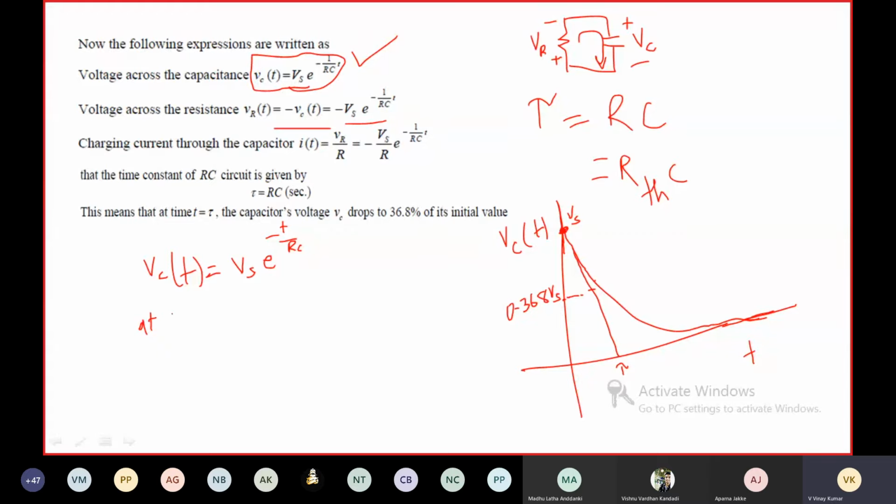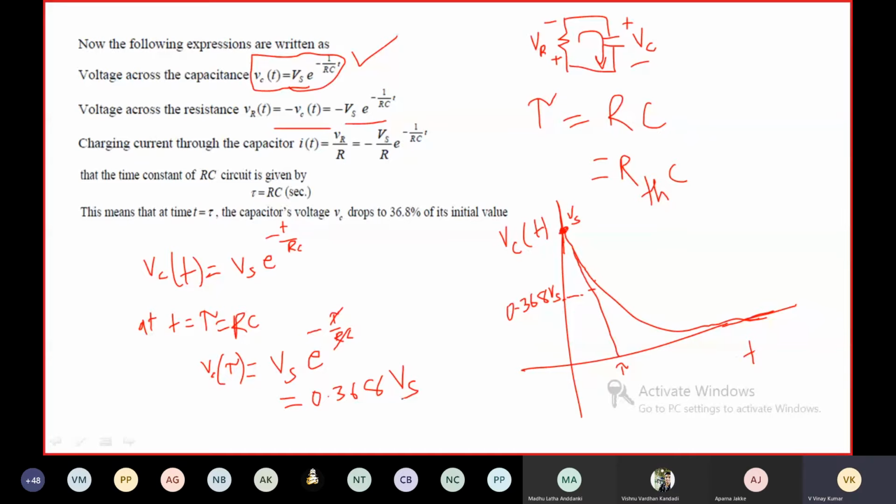At t is equal to tau, which is nothing but RC, Vc of tau is equal to Vs e power minus tau by RC, that is e power minus 1, which is 0.368 Vs.